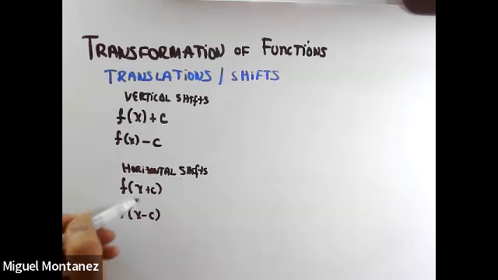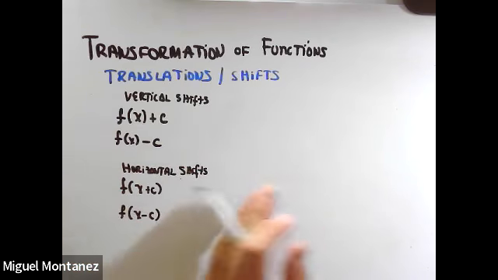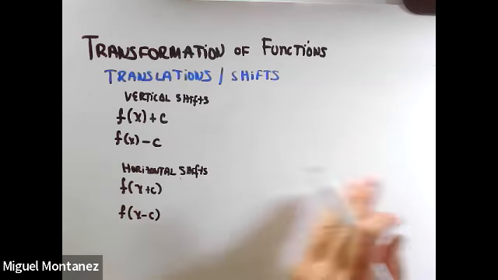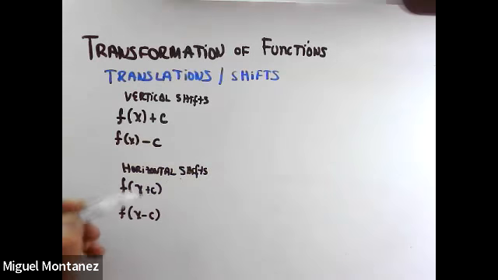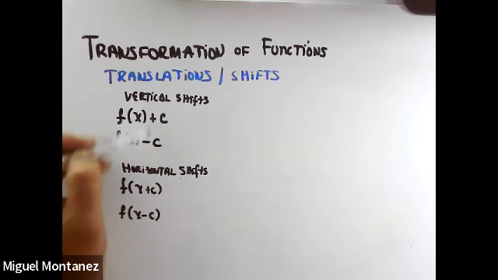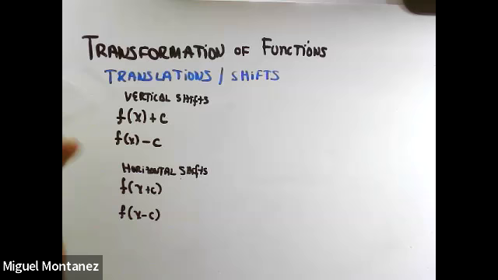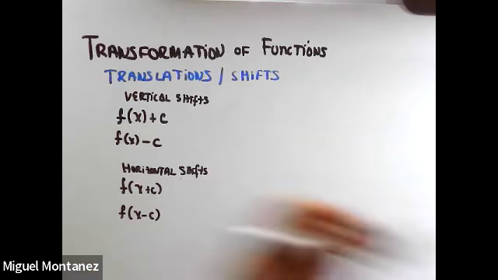So I'm adding or subtracting a number before I apply the function: either square, square root, take the absolute value, take the reciprocal, whatever function we're doing. If I add or subtract a number in x, that's a horizontal shift. If I add or subtract a constant after I take care of the function, then this is going to be a vertical shift.